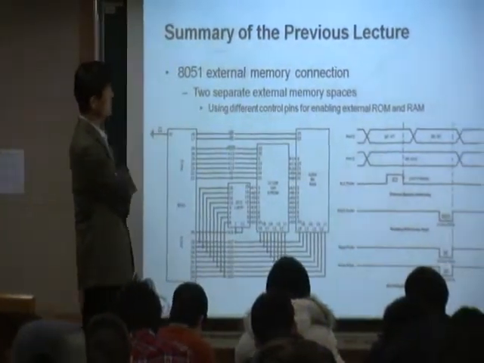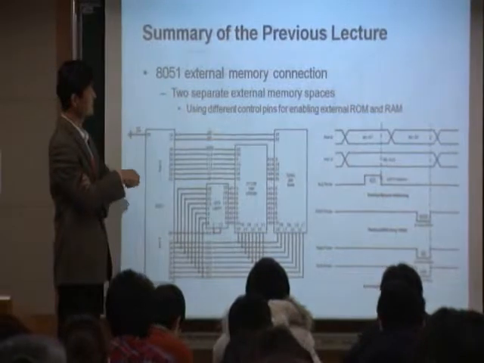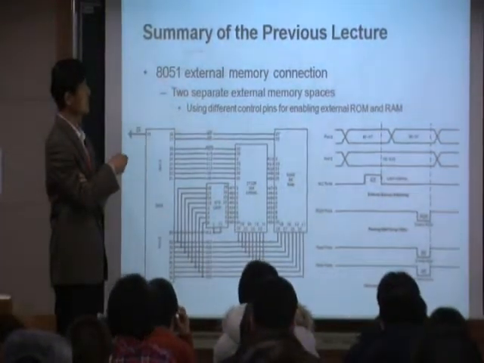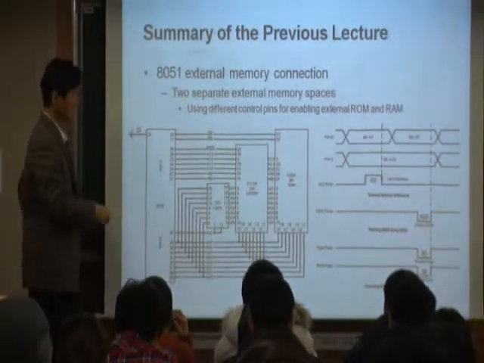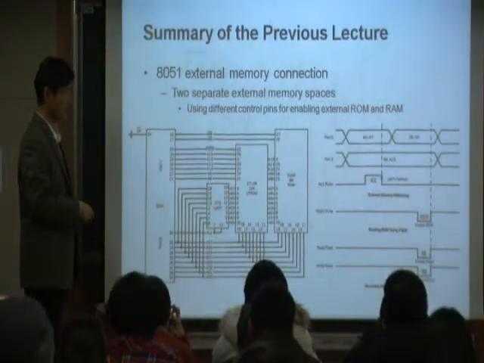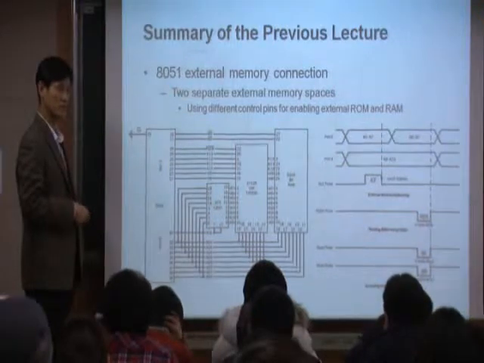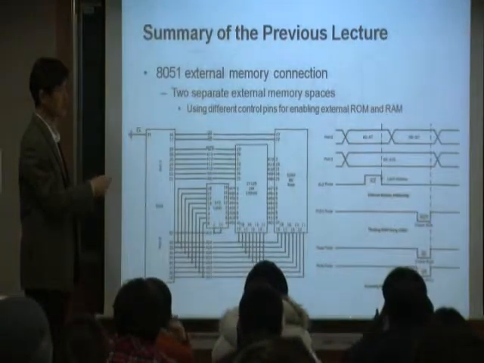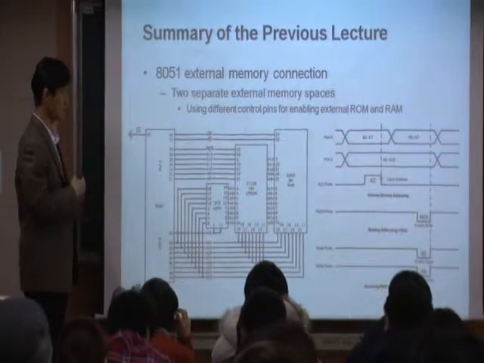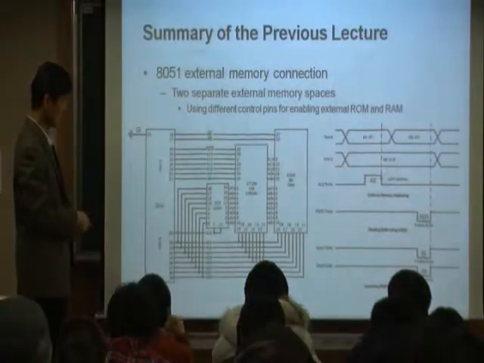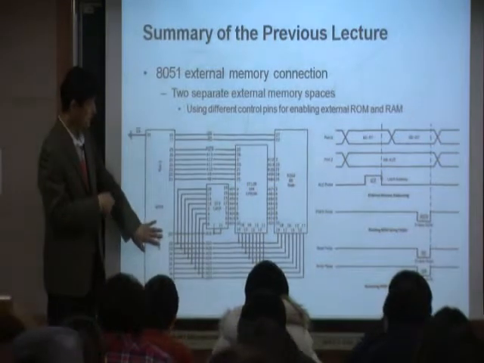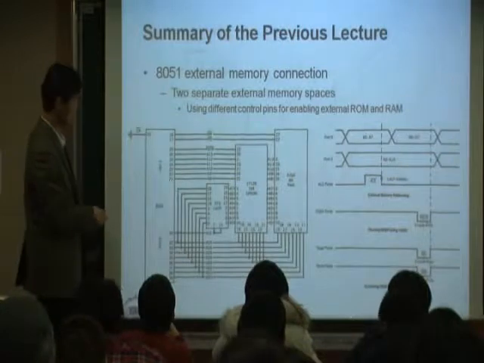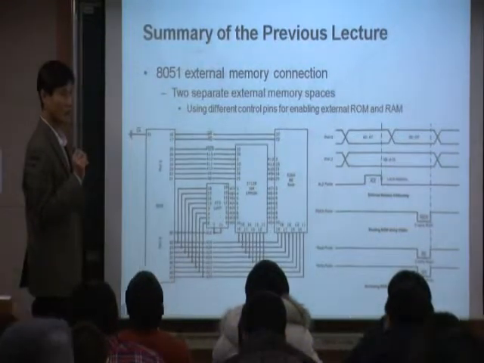This is the last picture that we looked at. This is an example of the 8051 processor, with an external memory connection. Here's a picture of how you can connect your 8051 processor with the memory. In this case, memory is external, outside the processor. The 8051 has 40 pins, and out of those 40 pins, we have 4 different input-output ports.